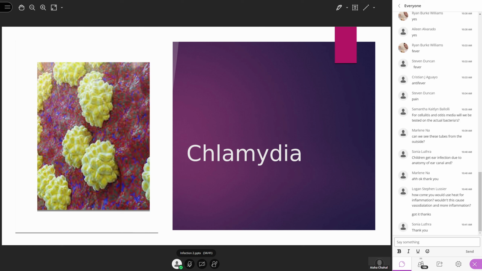When we talk about STIs, it should really be just like talking about pneumonia or an ear infection or all the bacterial infections that we are talking about here, right? It's no different. So as nurses, firstly, we have to make sure that our implicit biases related to STIs are gone, and then we have to educate others, right? It's just like any other infection, and we have to see what treatments are present and things like that.